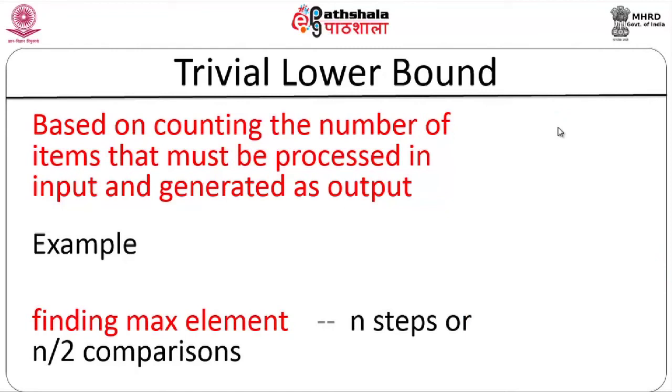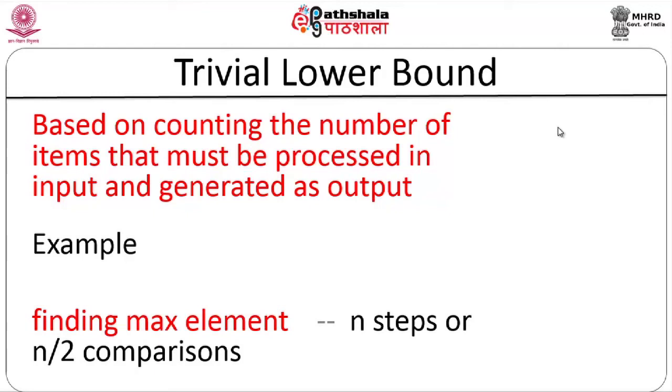In the trivial lower bound, what you are trying to do is count the number of items that must be processed in the input and generated as output. For example, if you take a problem like finding the maximum of an array, you can say that n steps are required, or n minus 1 comparisons are required to find that.